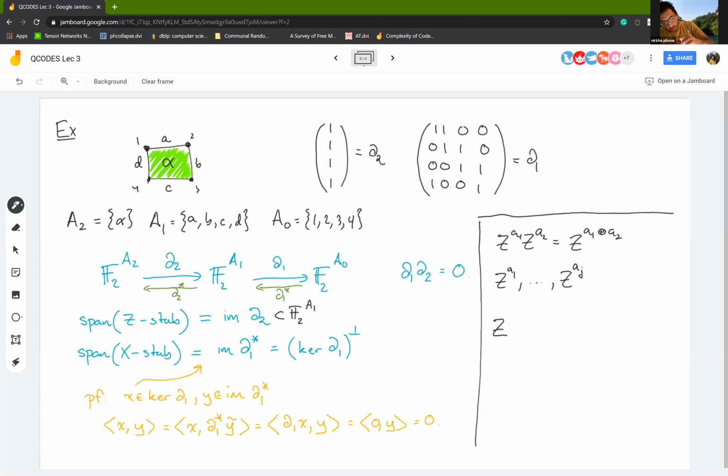Well, any ZB such that B is in the span of A1 through AJ is certainly a stabilizer, right? This is all of them. And so the span of A1 through AJ is, if I think of them as a matrix, precisely the image of delta 2.